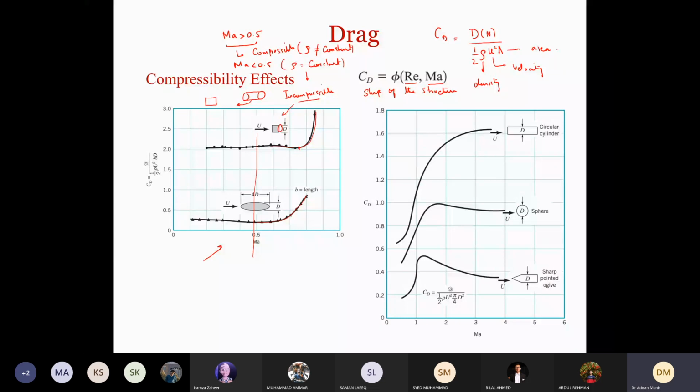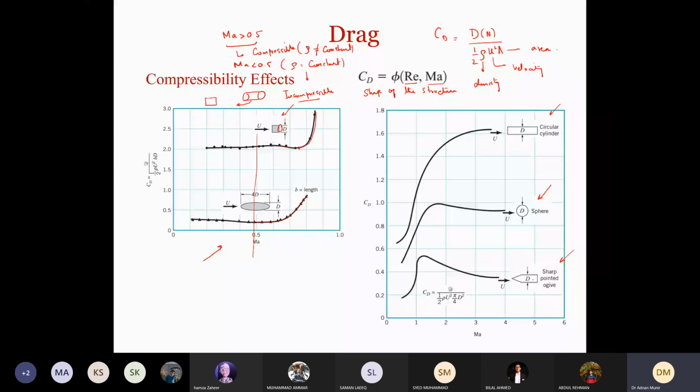Similarly, you can see the same graph here, showing the results for three different shapes: a circular cylinder, a sphere, and a pointed, sharp cone-shaped body.